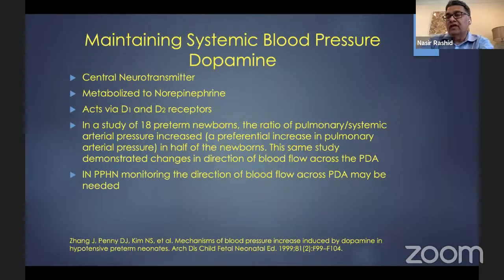If it is right to left, then it either becomes bidirectional or it becomes left to right. It should not stay right to left when you're starting dopamine. So you titrate the dose based on how the shunting is happening at the level of the ductus arteriosus and foramen ovale.